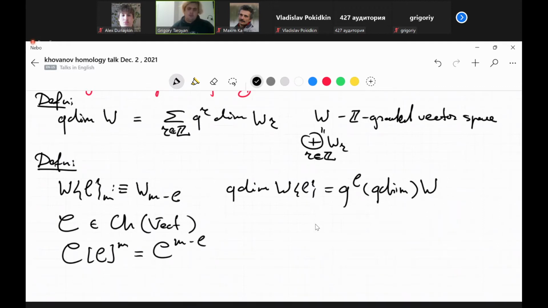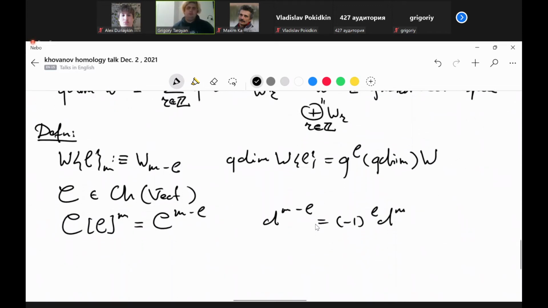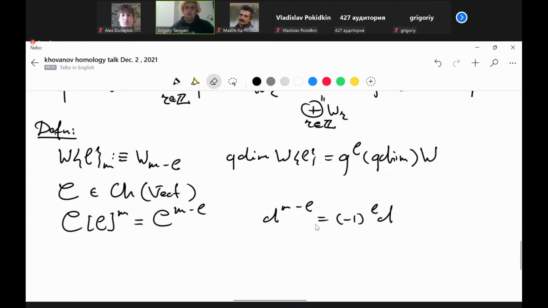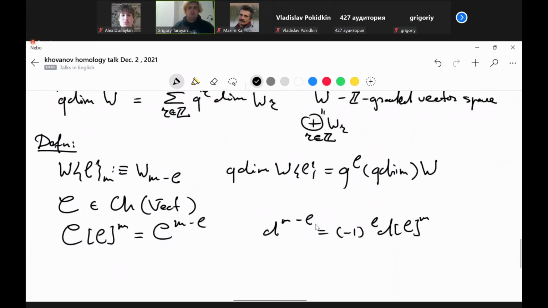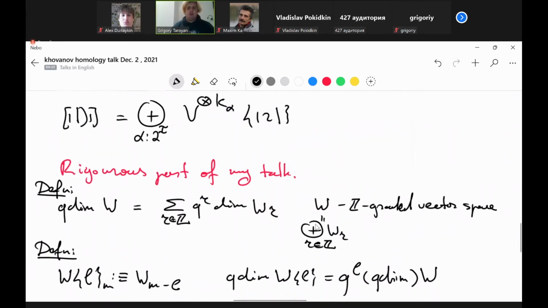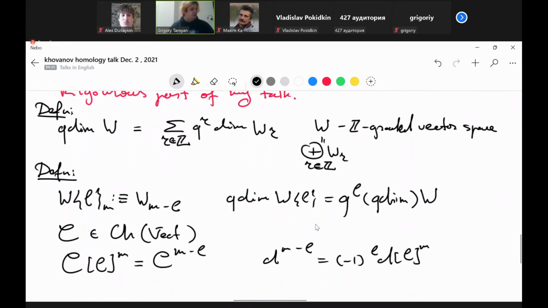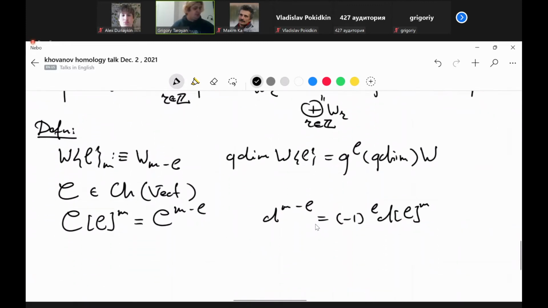And the differential is transformed like this. Sorry, I need to write here. The shift of the differential. Okay. So I think those were the algebraic preliminaries you need for this theory. It is not very complex, in fact.